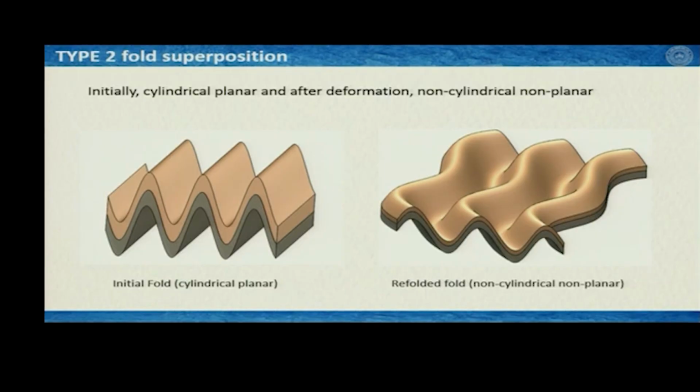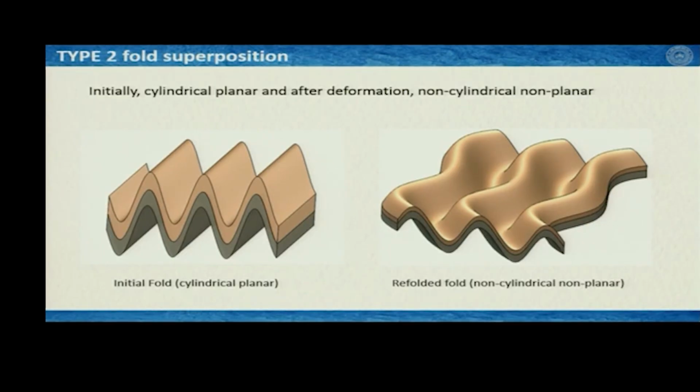So initially, as we have defined, a cylindrical planar fold would turn to a non-cylindrical and non-planar fold. So again, this is your initial fold. I again define all these features.